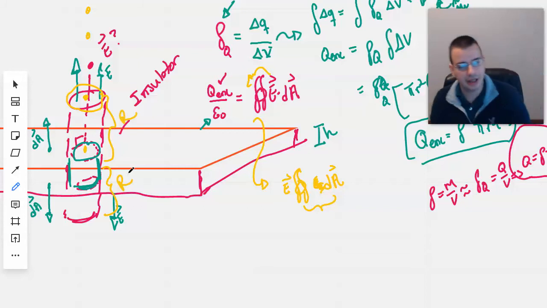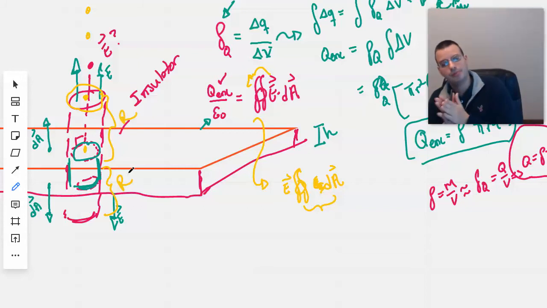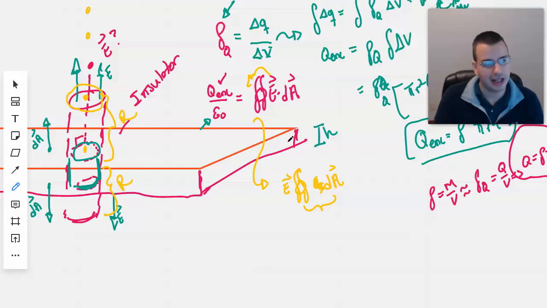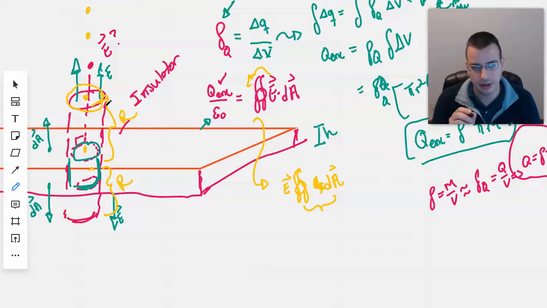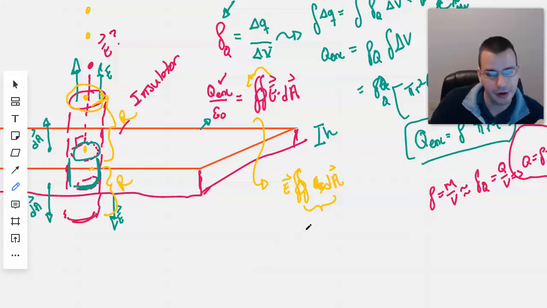I'm going to say that R is the distance from the center of the plane to the top of the Gaussian shape that we have, our imaginary Gaussian shape. So the question is then, how do we find this area?